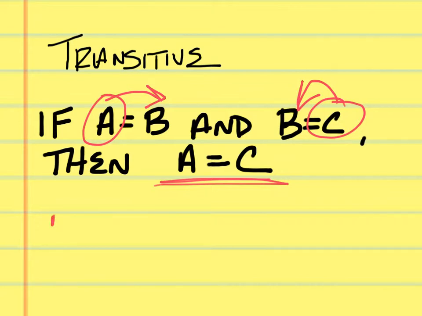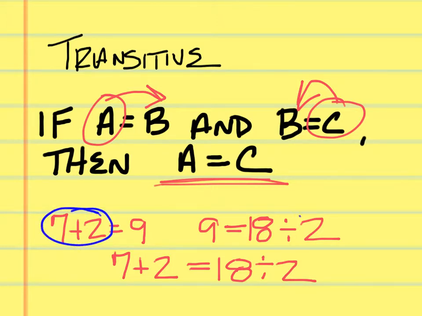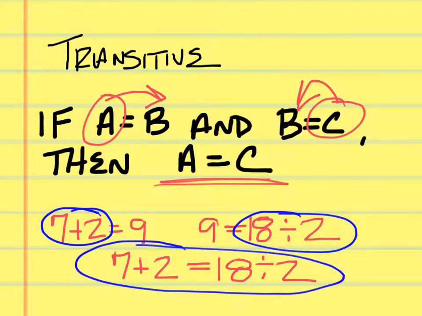So if I have 7 plus 2 equals 9, and 9 equals 18 divided by 2, you could say that 7 plus 2 equals 18 divided by 2. Because this equals 9 and this equals 9, you set them together and they're both equivalent to each other.